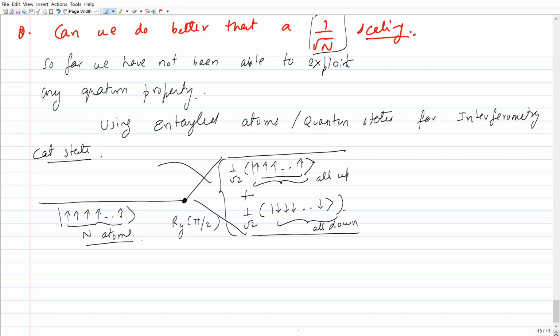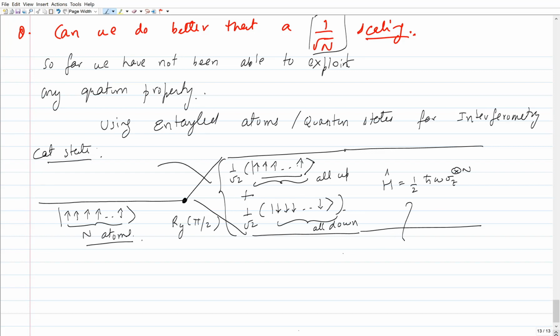So now what do I do? I hit the state with my Hamiltonian, which was again the same guy, sigma z on all of them, tensored. What do I get? Each of the atoms is going to pick up a phase depending upon the orientation of its spin.